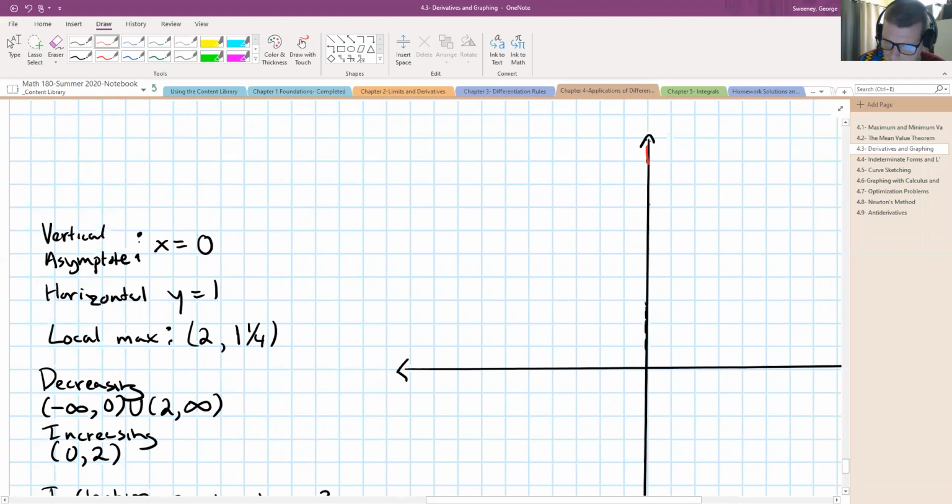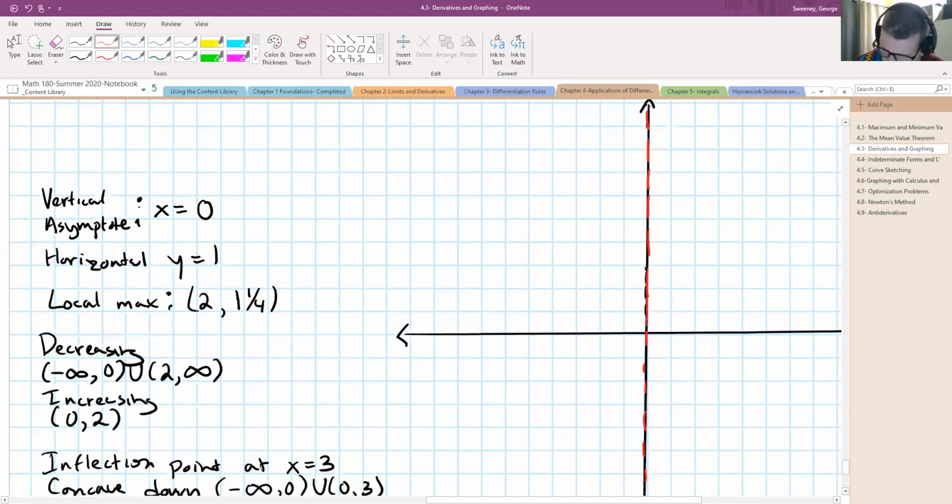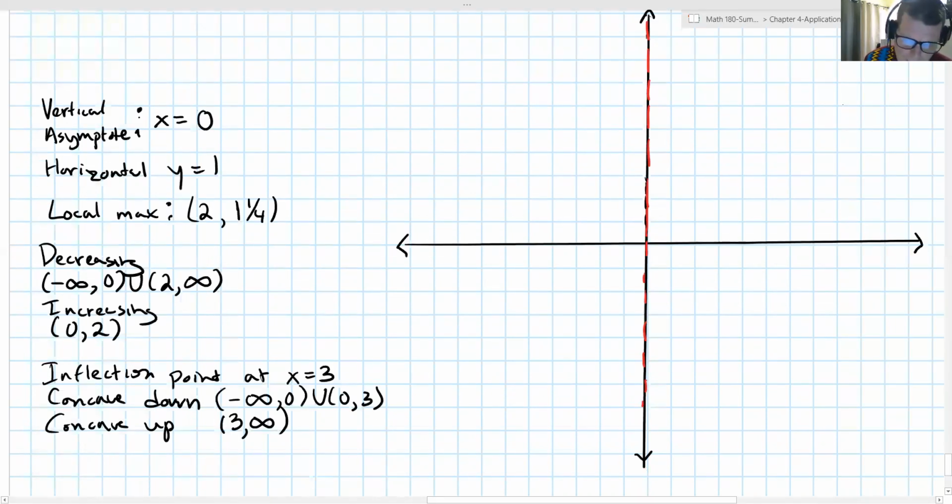That way you guys can see. So there's my vertical asymptote. Horizontal asymptote at y equals 1. Local max at 2, 1 1/4. So there's a local maximum right there.